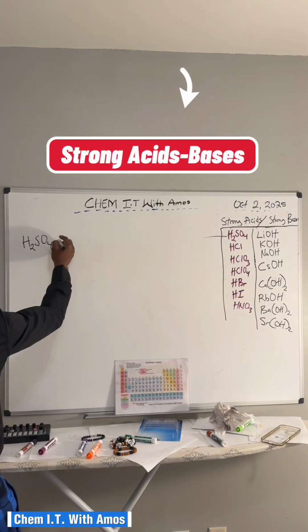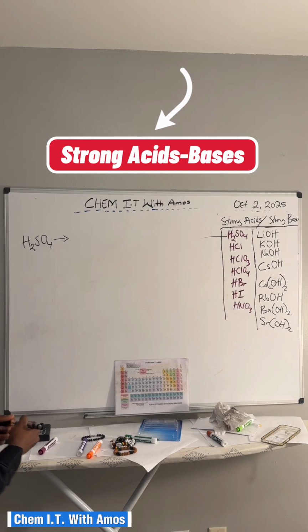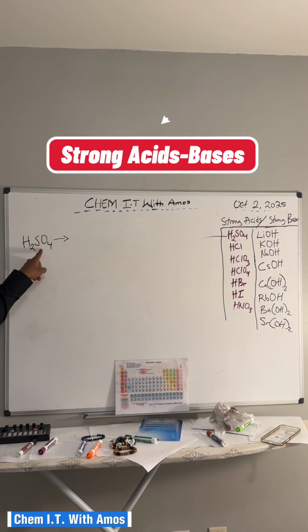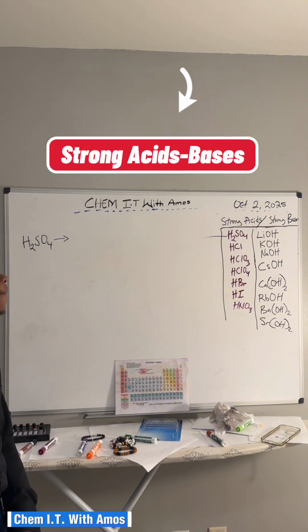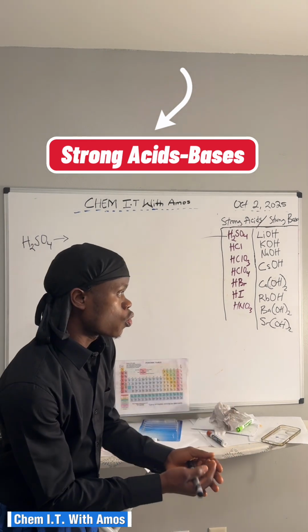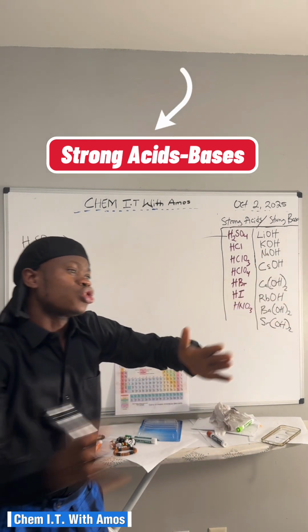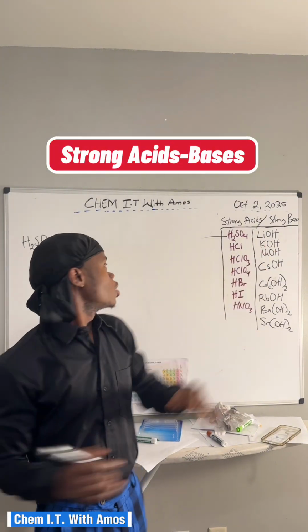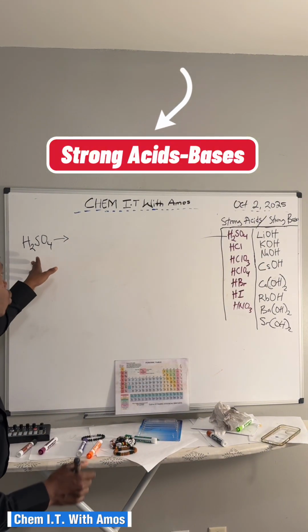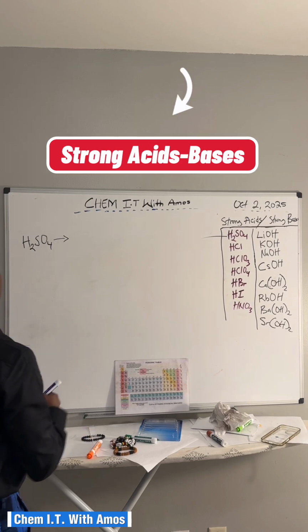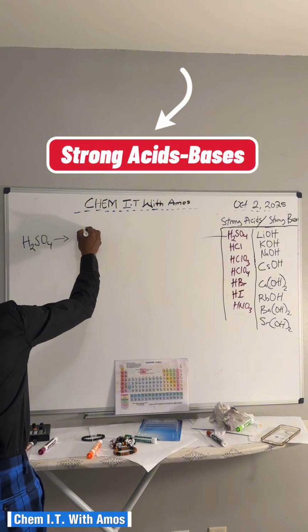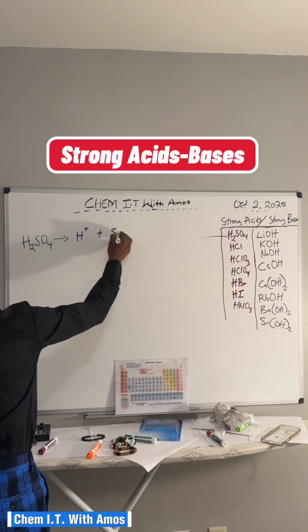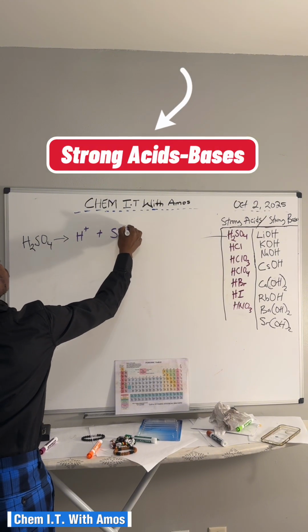If you are to break this compound apart, it comprises hydrogen, 2 of them, sulfur, and 4 oxygen. When we say dissociate, it means to break apart, to ionize, to separate. So if you dissociate this compound, you will have H+ and SO4 2-.